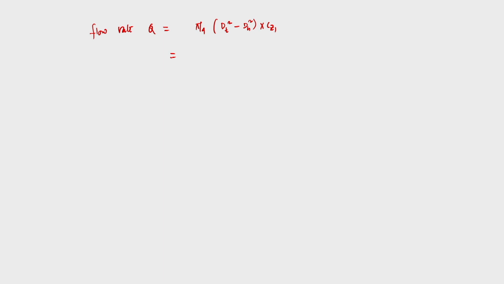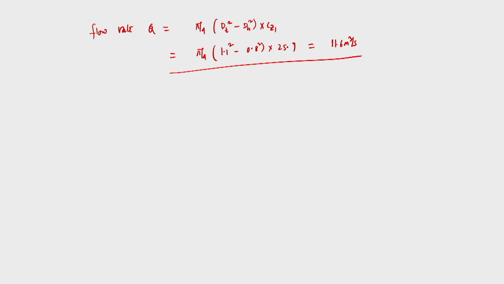So, it will be pi by 4 into 1.1 squared minus 0.8 squared into 25.9. It will give 11.6 meter cube per second. So, this is the answer for the flow rate we obtain.